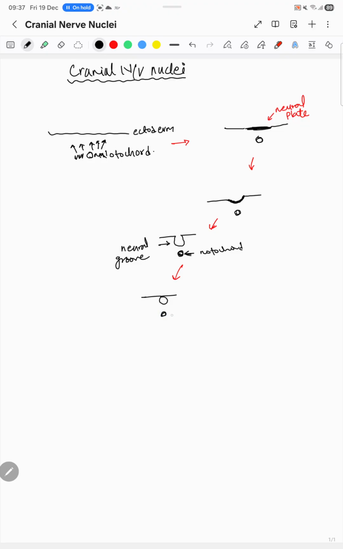This one is the notochord and this is the neural tube, right? Eventually what will happen is that this one is the ectoderm, this one is the neural tube, and this one is the notochord, right? So the neural tube is actually formed by ectoderm, right?